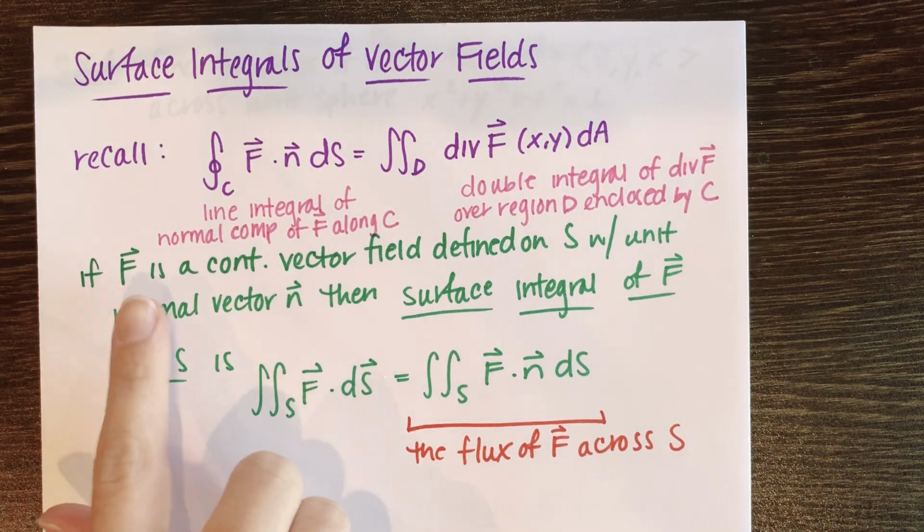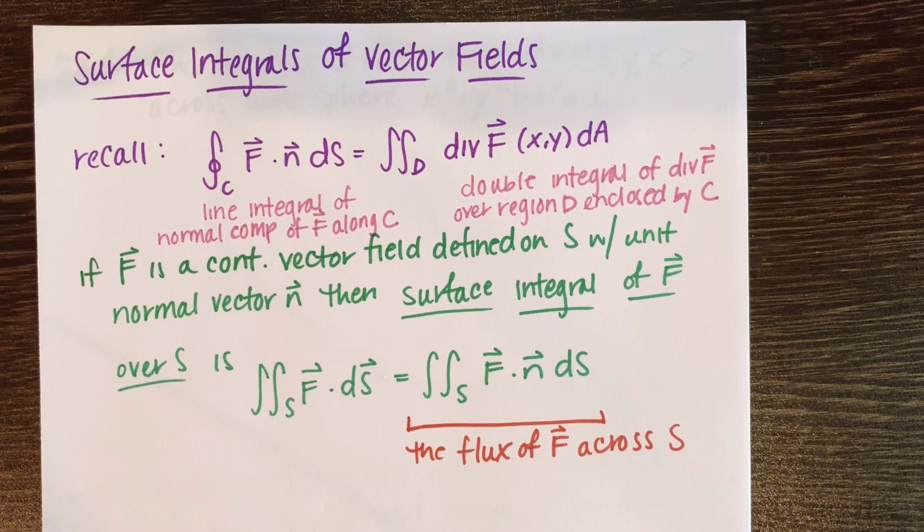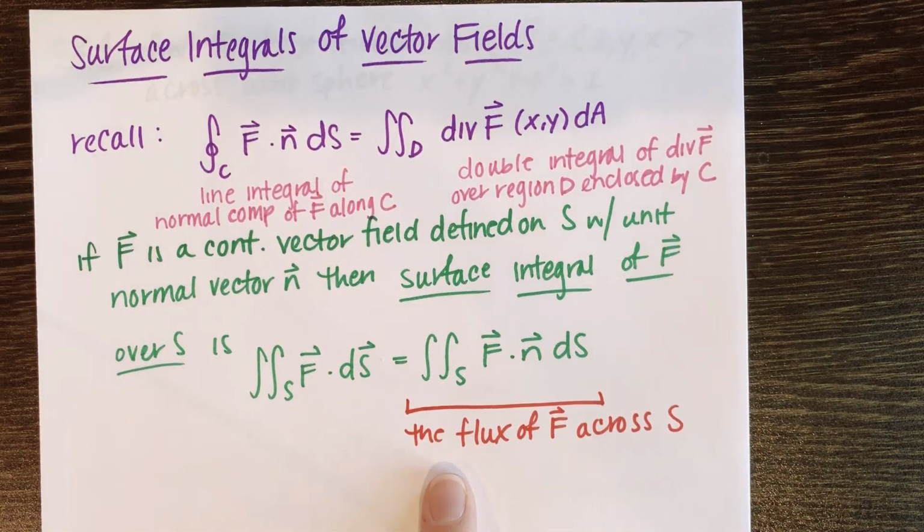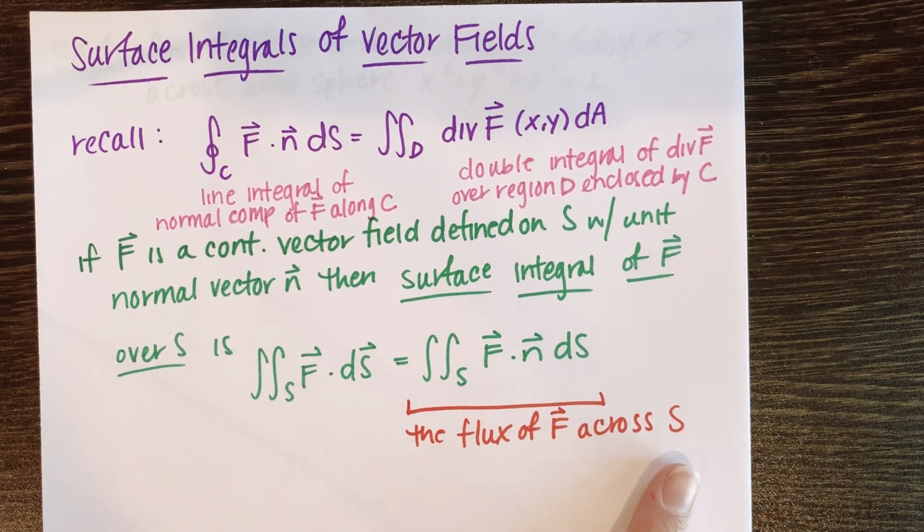So if f is a continuous vector field defined on S with the unit normal vector n, then the surface integral of f over S is going to be equivalent to this, which is referred to as the flux of f across S.